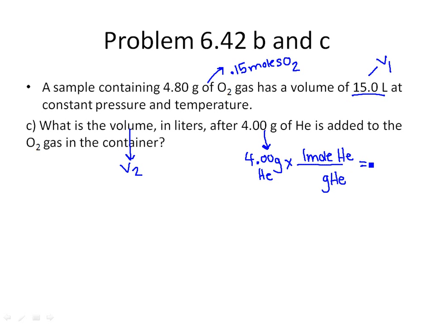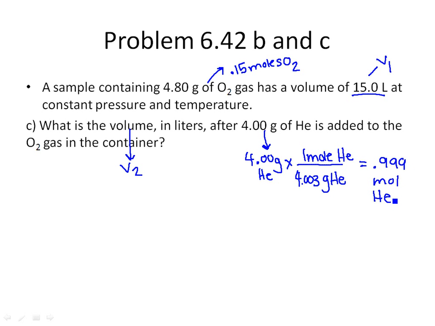If we look on the periodic table, we see that we have 4.003 as the atomic weight of helium, and so we end up with 0.999 moles of helium, so basically almost 1 mole of helium.